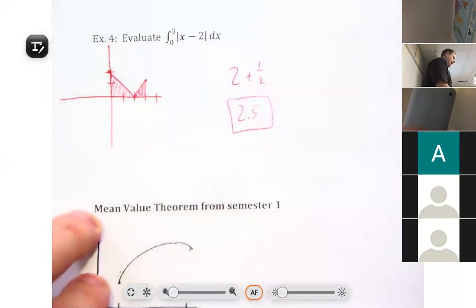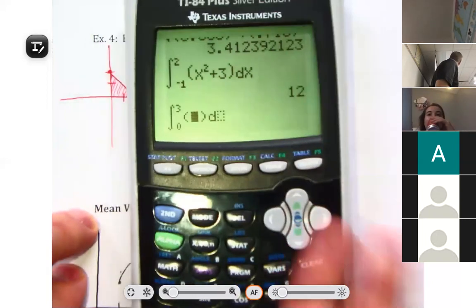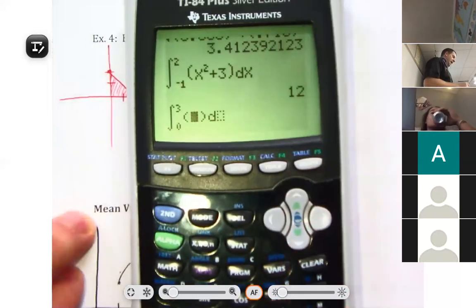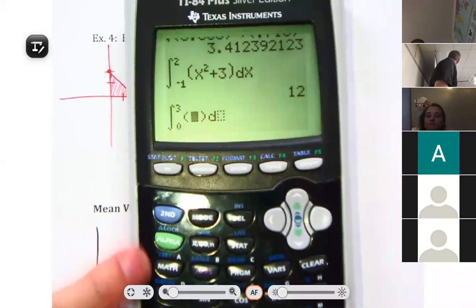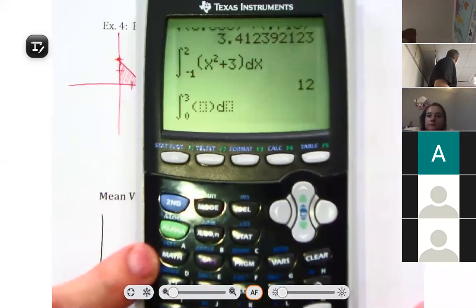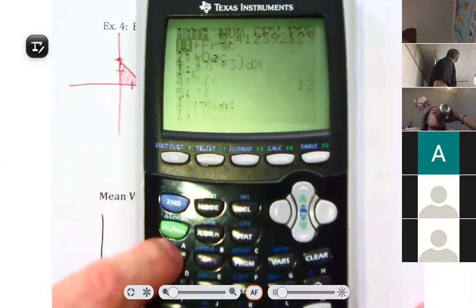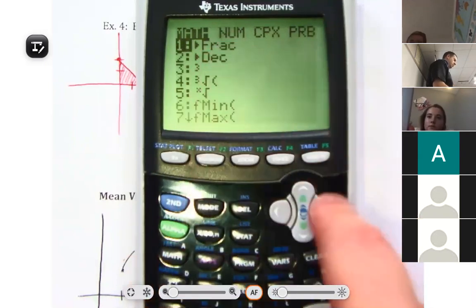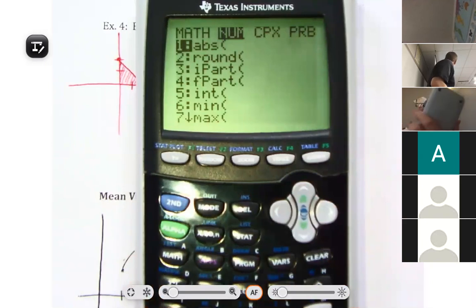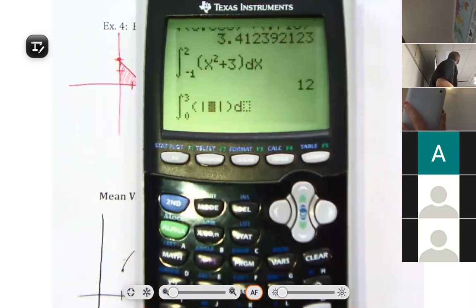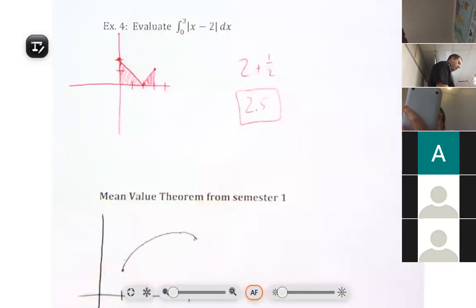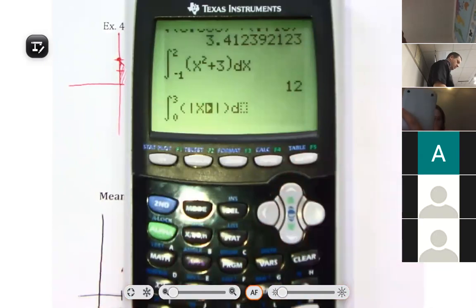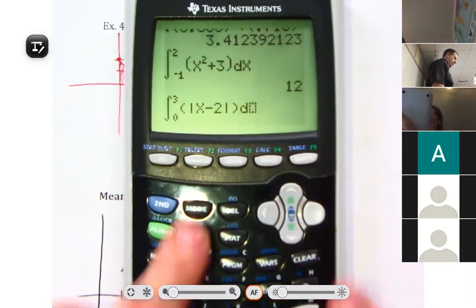And now I have to put in the absolute value of x minus 2. The absolute value symbol is under the math menu. So in the left column, if you push math, and then you arrow to the right one to num, that option there says ABS for absolute value. So you can enter the integral of the absolute value of x minus 2 with respect to x.